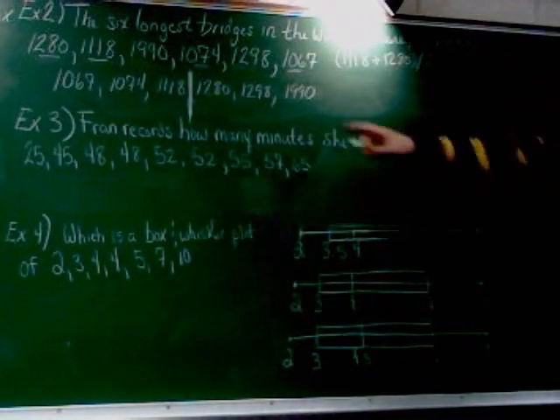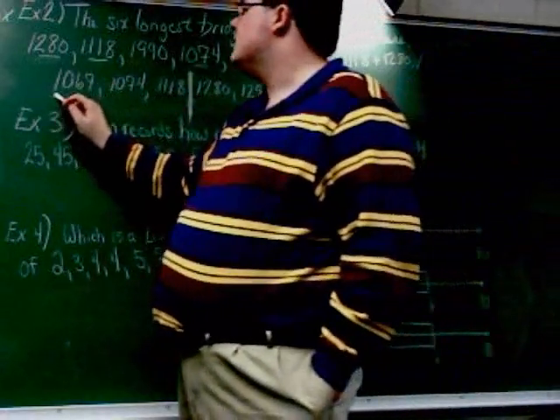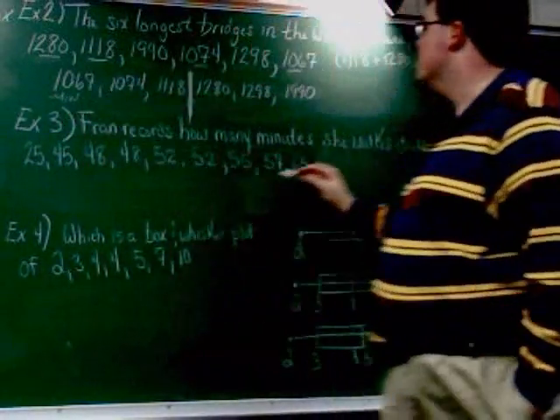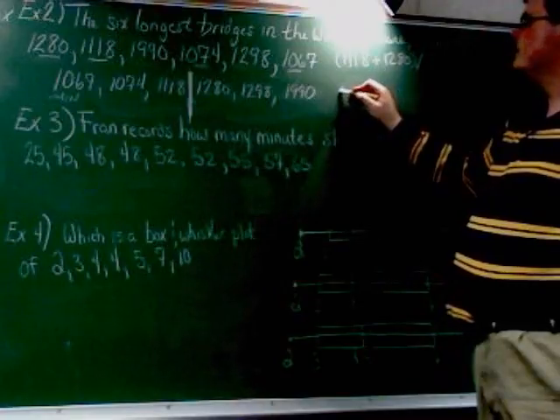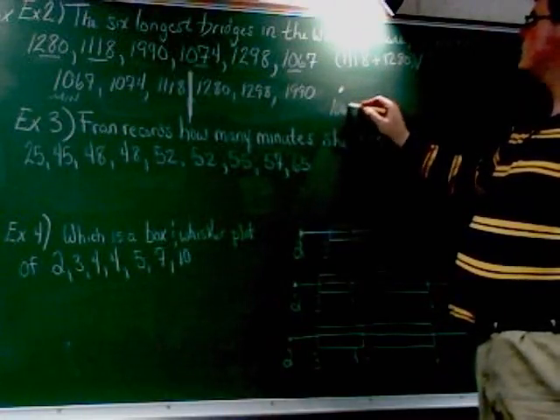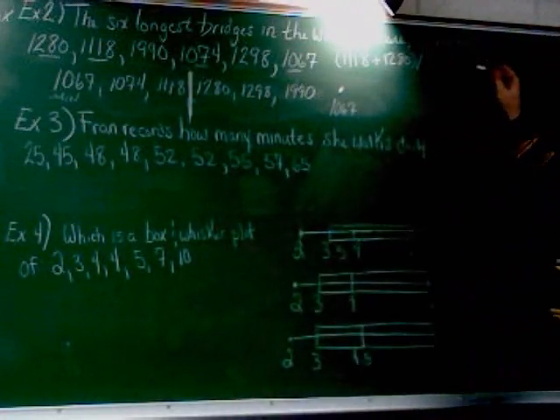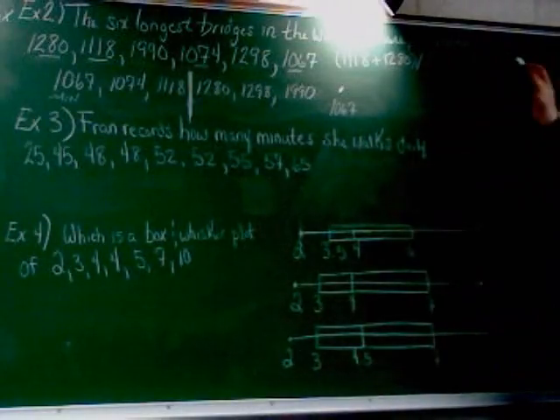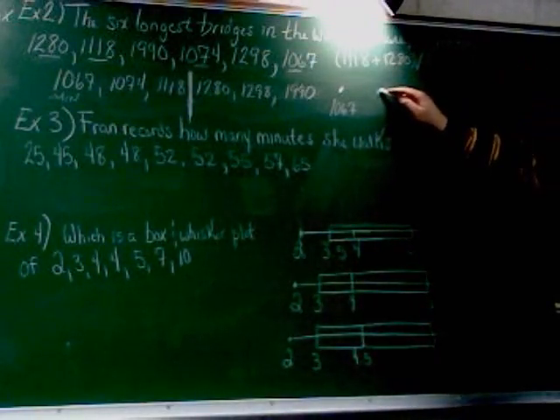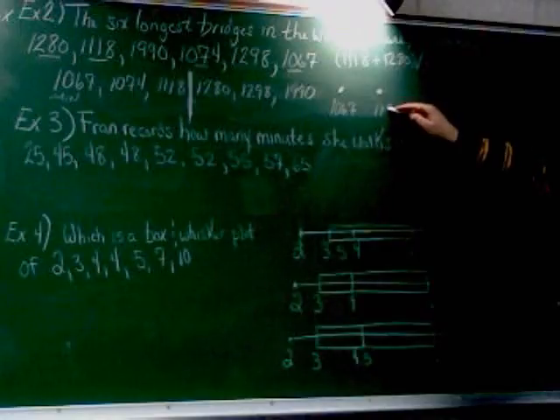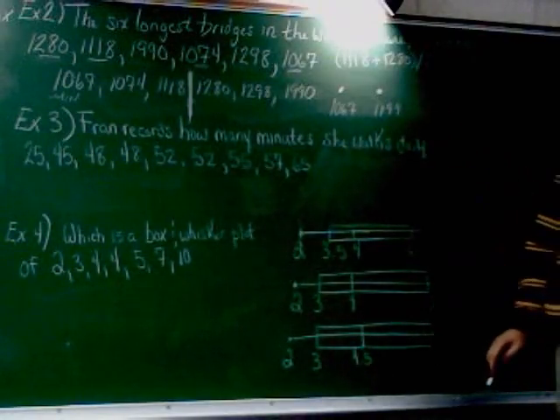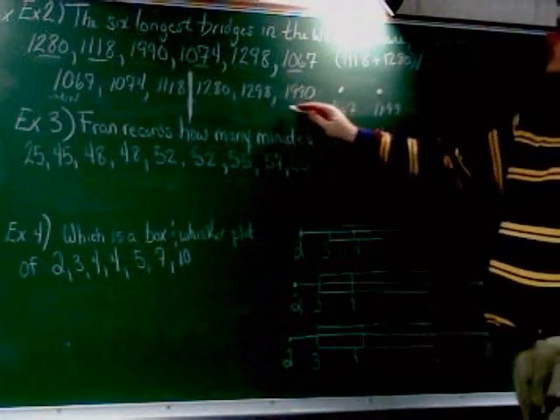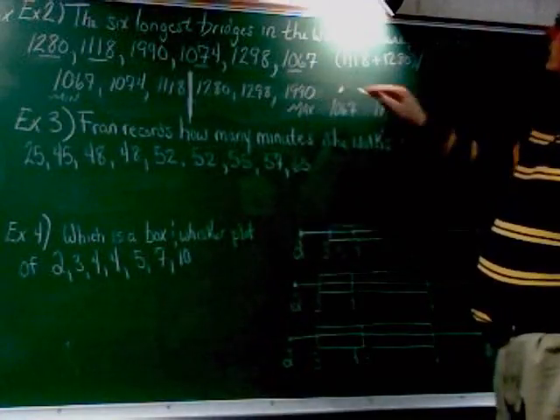So I'm trying to plot the minimum, 1067. Again, the minimum is just the smallest number. The median we figured out to be 1199. The maximum, which is the largest number, 1990.